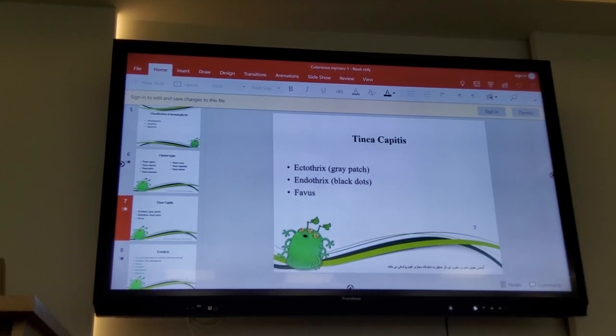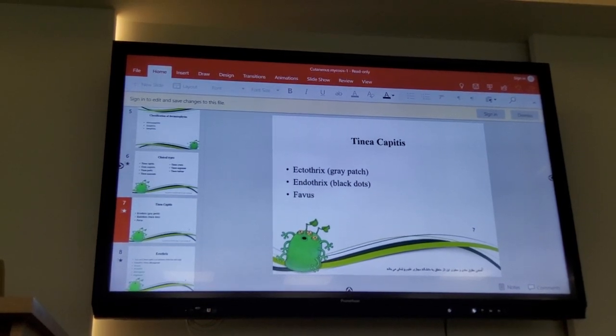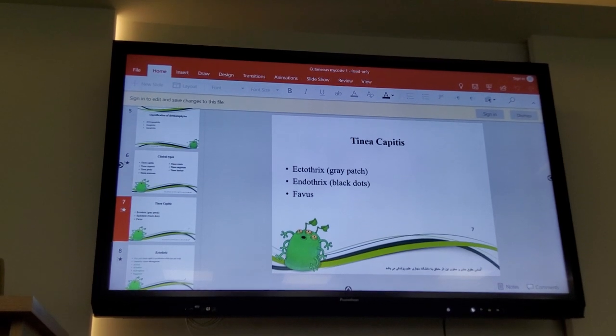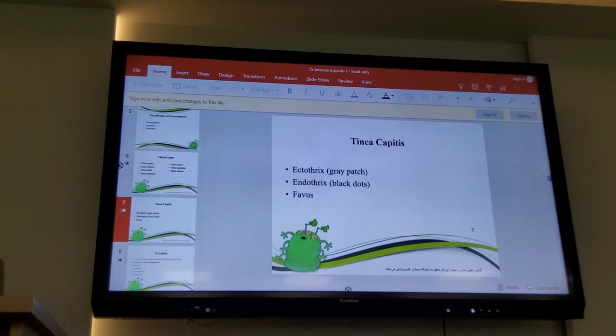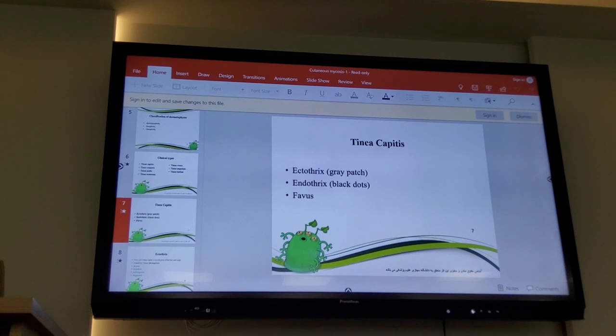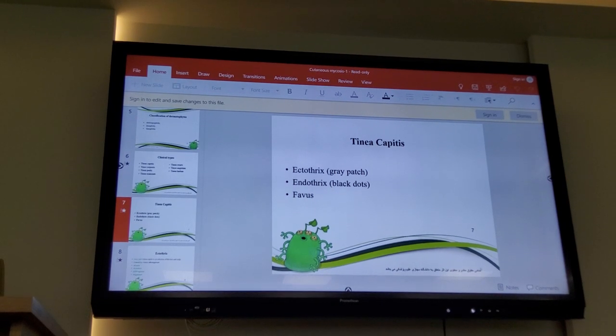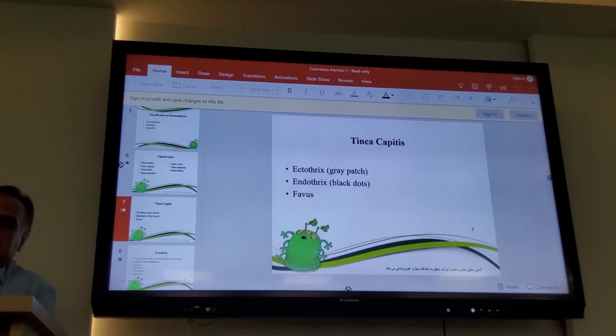These are three forms of dermatophytosis in the scalp. What is the difference?